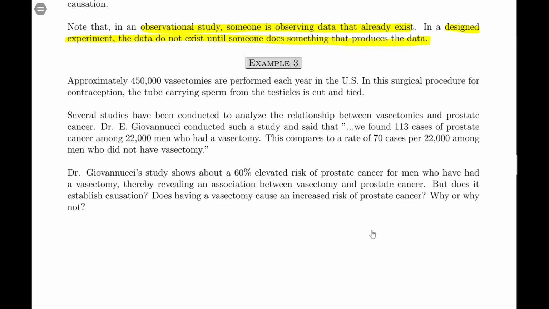It could be that their age is a consideration. Maybe the group of 22,000 who had a vasectomy could be younger, could be older than the group of 22,000 who did not have a vasectomy.